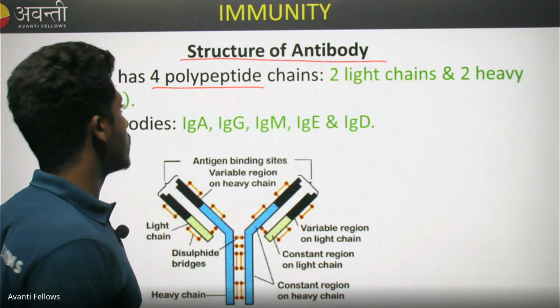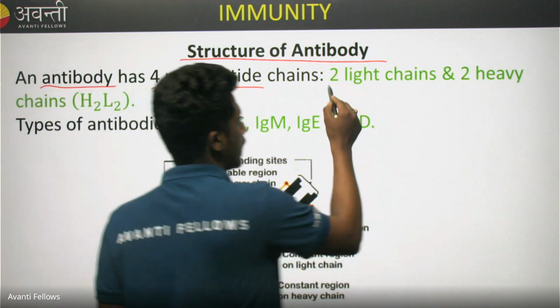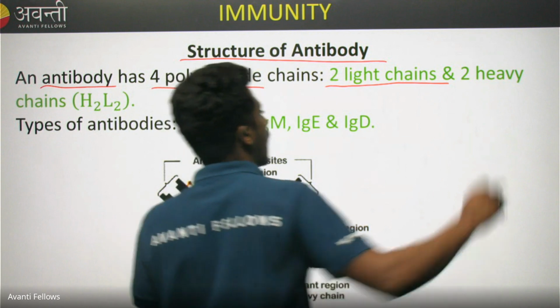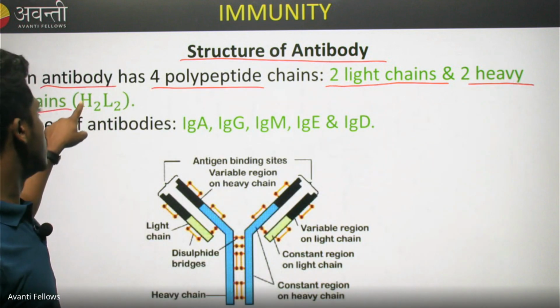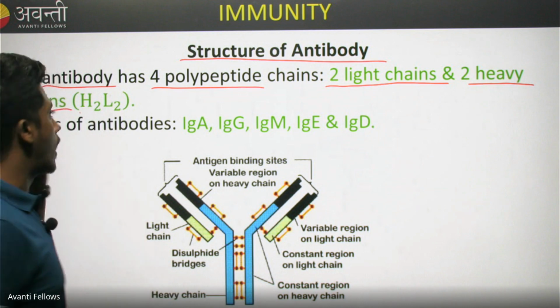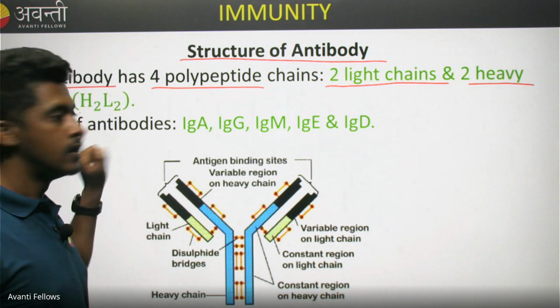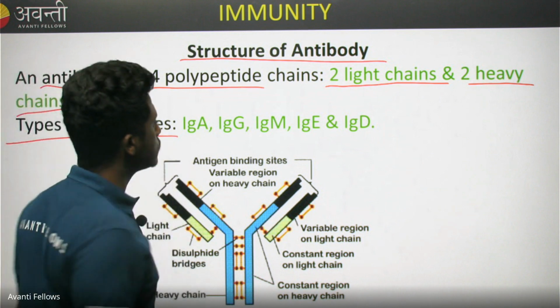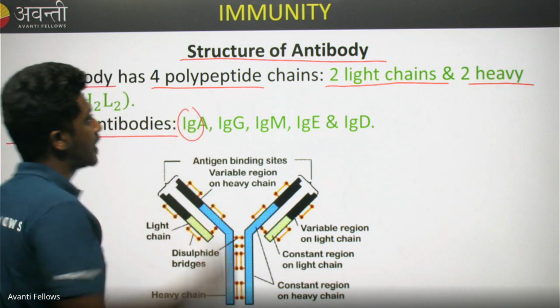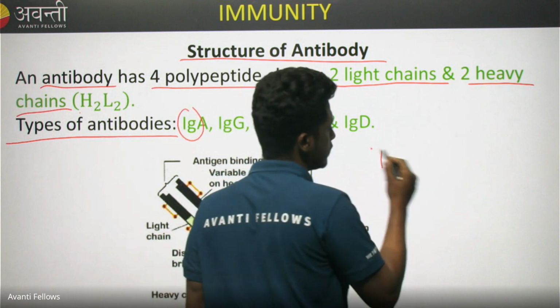Among these 4 polypeptide chains, 2 are identical light chains and 2 are identical heavy chains. That's why we represent it as H2L2. H stands for heavy, L stands for light. There are several types of antibodies which are called immunoglobulins. Ig stands for immunoglobulins.